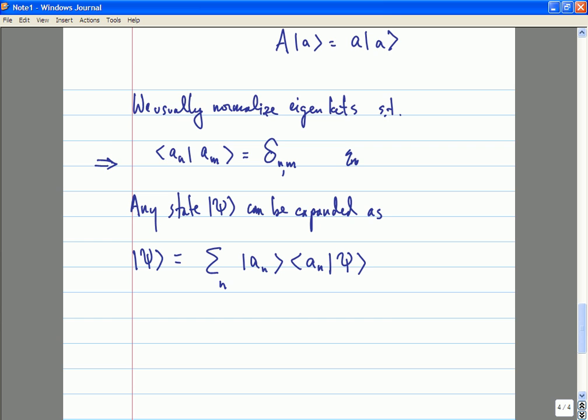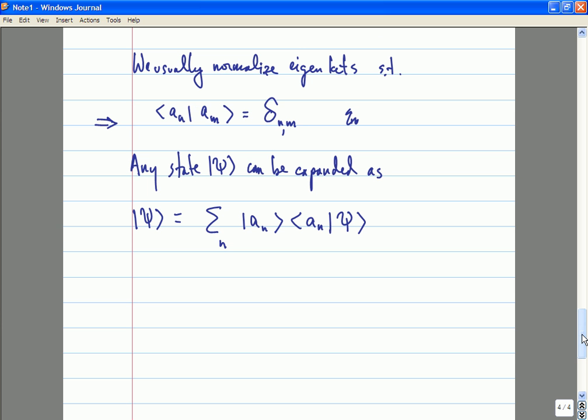Or, if we want to say this formula a little more concisely, the operator 1 is the sum over all of the eigenstates of a given operator times the projection operator onto the corresponding eigenstate. Let me say that again.